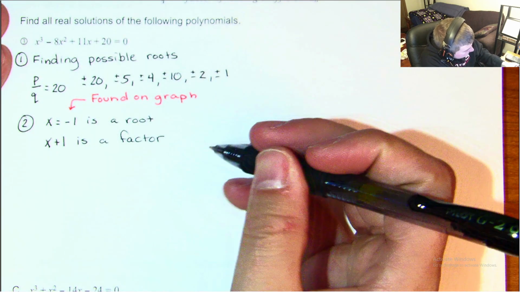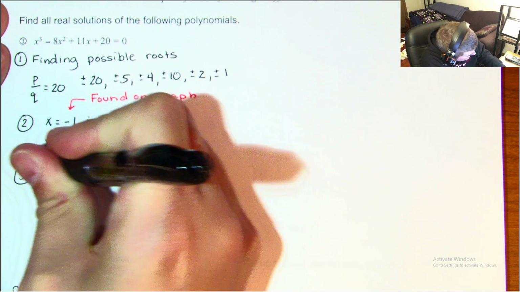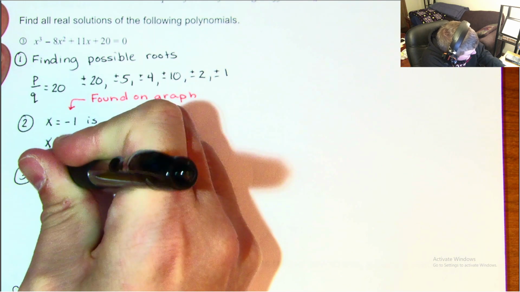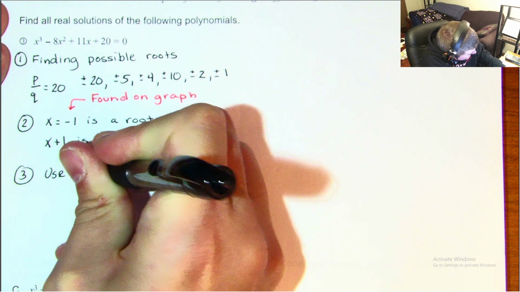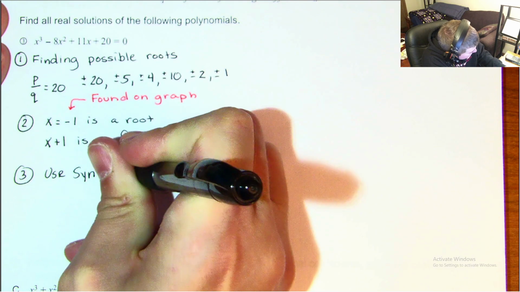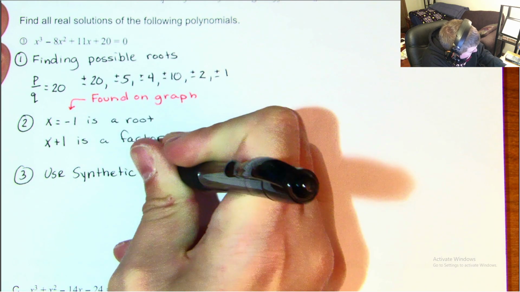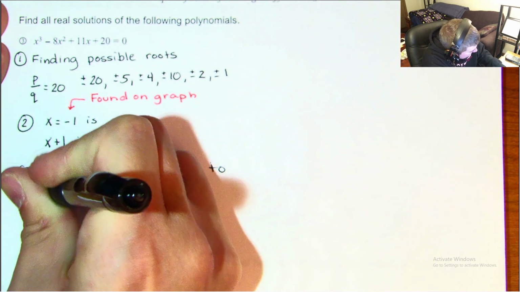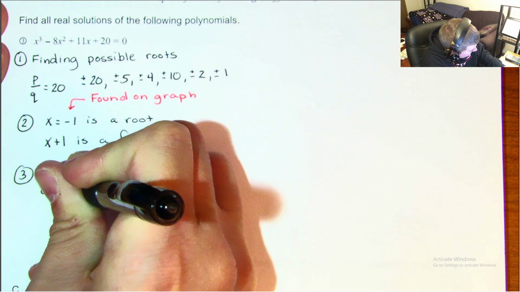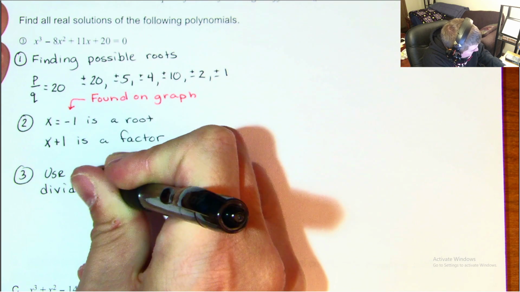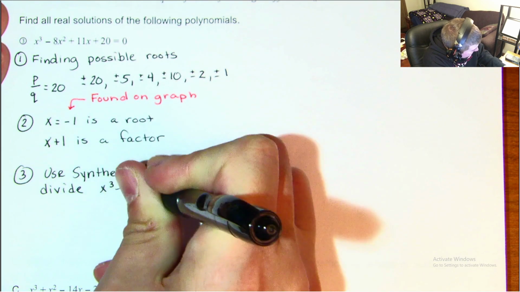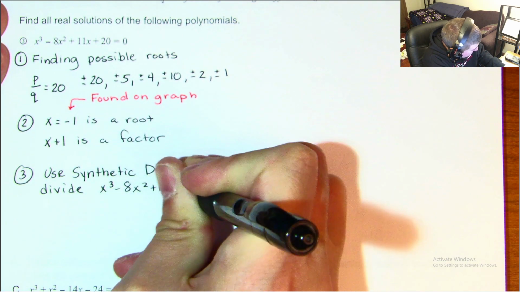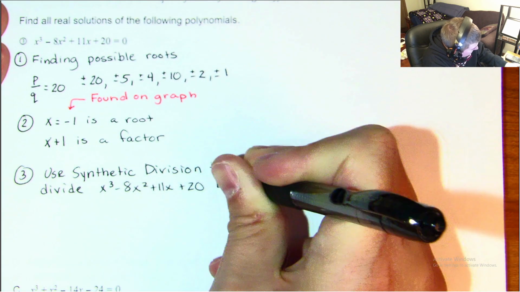So what we can do is use synthetic division to divide x to the 3rd minus 8x squared plus 11x plus 20 by x plus 1.